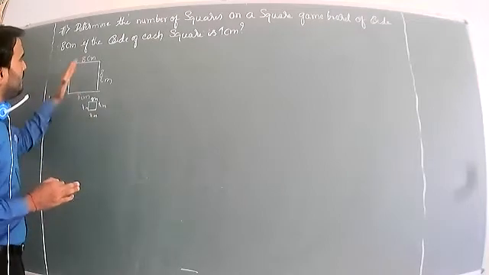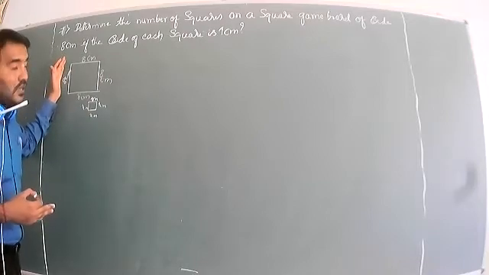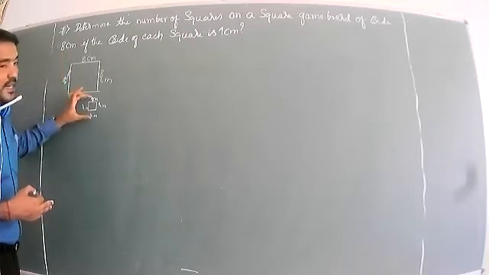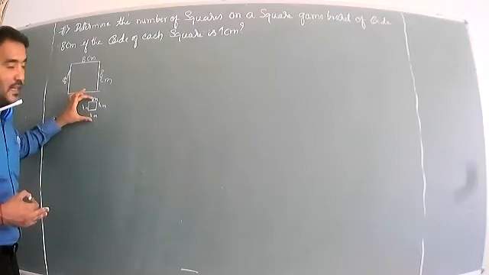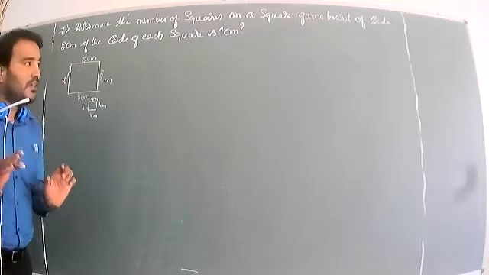Okay, so now we can find out the area of the square game board, then the area of the square, then it can be divided to find how many squares are required. This is the answer.